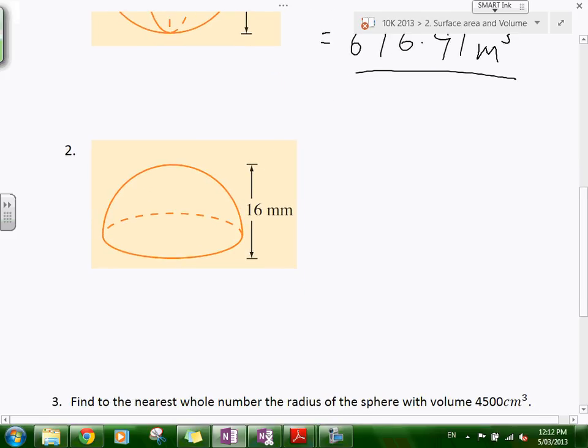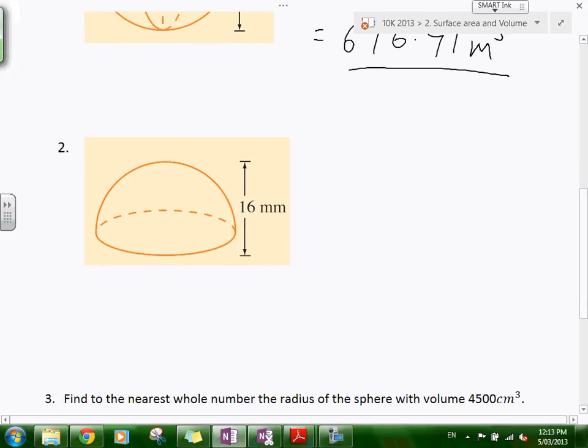Next example, we have a hemisphere of 16 millimeters. Now, what is this measurement? Is this the radius, or is this the diameter? It's the radius. Yeah, because it's half of the circle, if you imagine it go around.